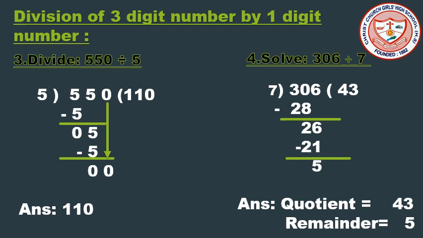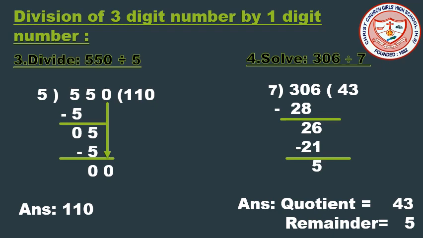We are going to bring down 0 ones. And as we know that 0 divided by any number is 0. So here we are calculating 0 ones divided by 5. That equal to 0. So we are going to write 0 in the quotient place. Okay. So girls, here our answer is 110.